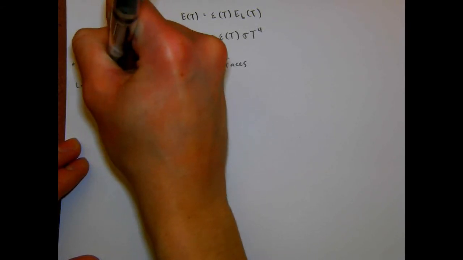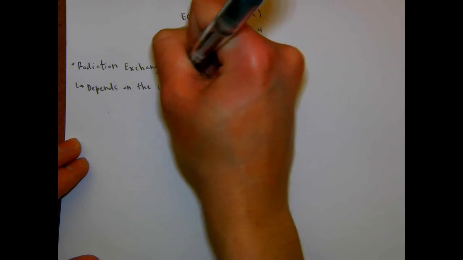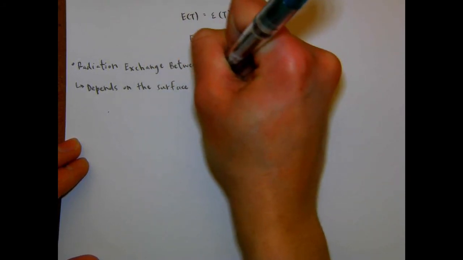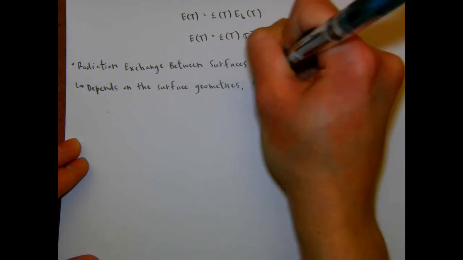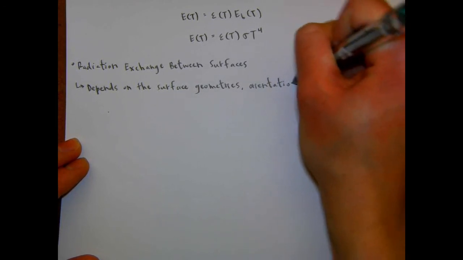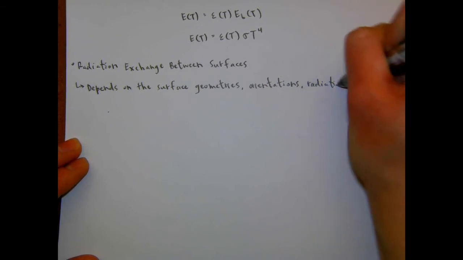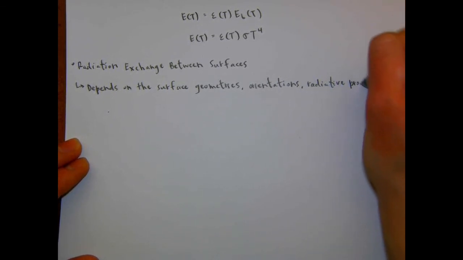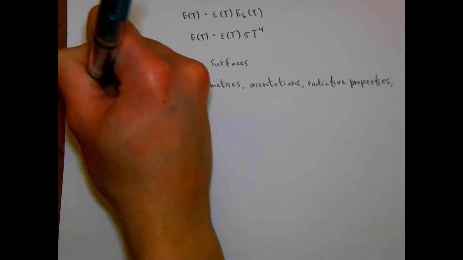So the amount of radiation exchanged between two surfaces depends on the surface geometries, their orientations relative to each other, of course, their specific radiative properties and temperatures.